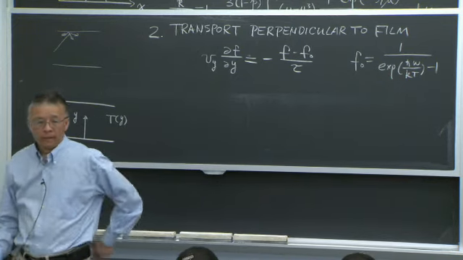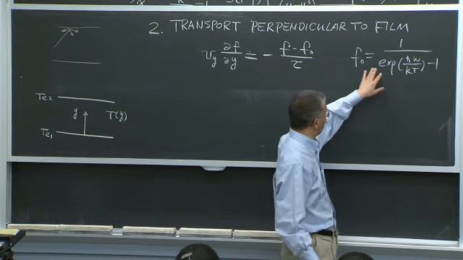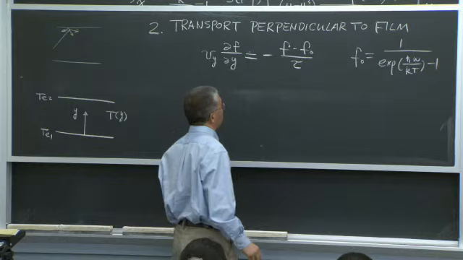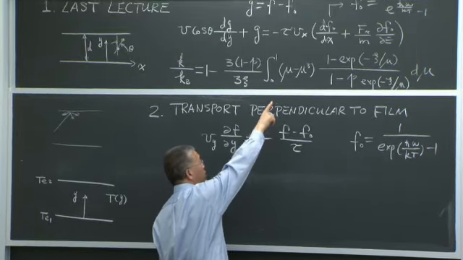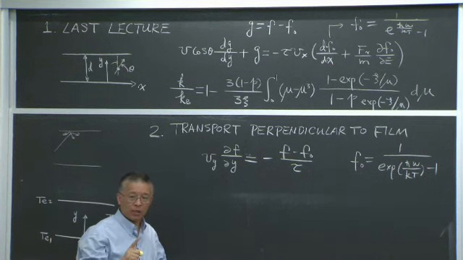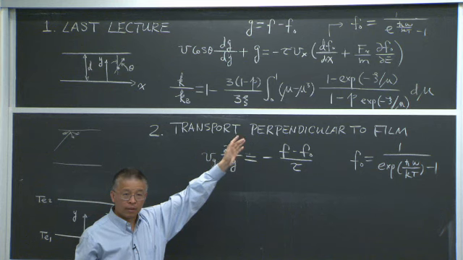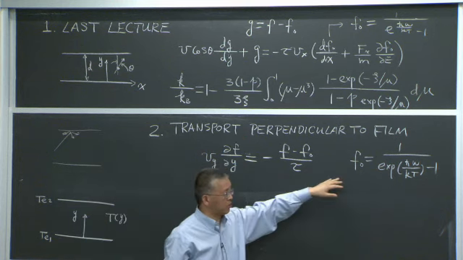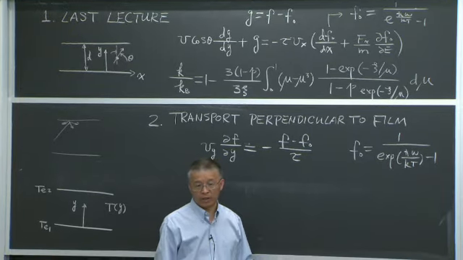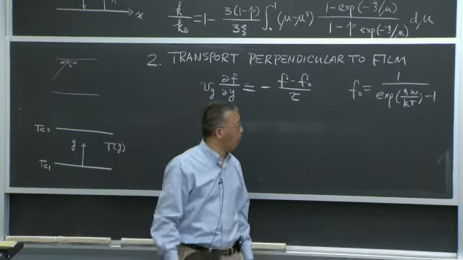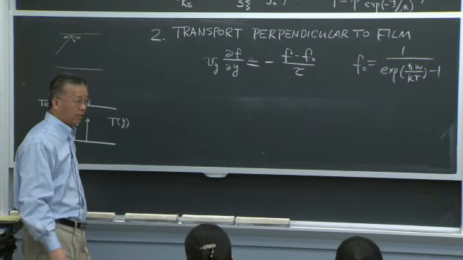What differs from the previous problem is that there, the relaxation time was a function of x, but the size effect happened in the y direction. Now my temperature is a function of y, and the size effect happens in the same direction. So my solution will be more complicated than the previous one.